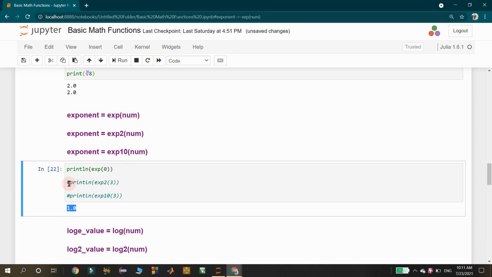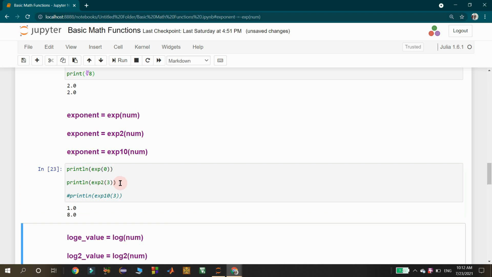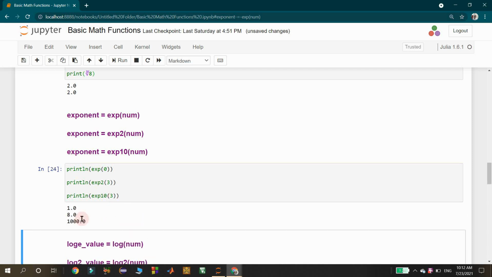Then I am going to consider the exp2 function with 3 as input, which will compute 2 power 3, and that will result in 8. And finally, I am going to consider the exp10 function with input 3, which will compute 10 power 3, then we will get the result 1000.